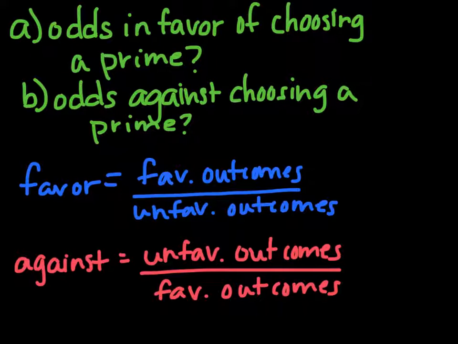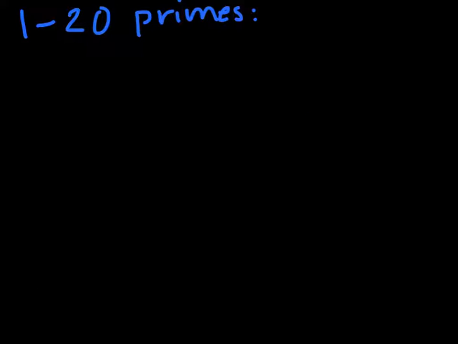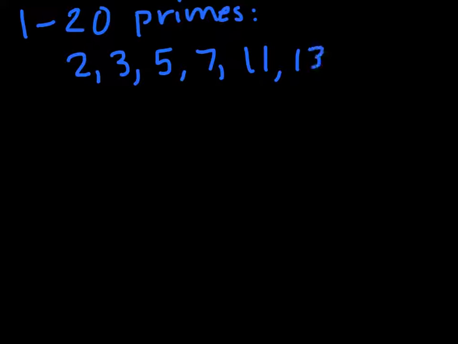So if we go back to our question of choosing a random number between 1 and 20, what are the odds in favor of choosing a prime? Well, first we need to list our prime numbers so that we know what our possible favorable outcomes would be. All right, so what are our prime numbers between 1 and 20? 2, 3, 5, 7, 11, 13, 17, and 19.